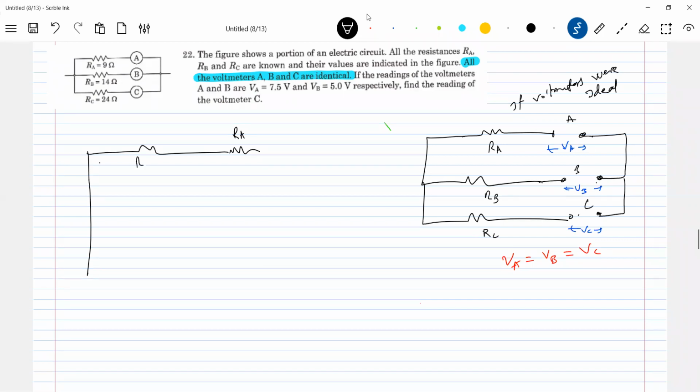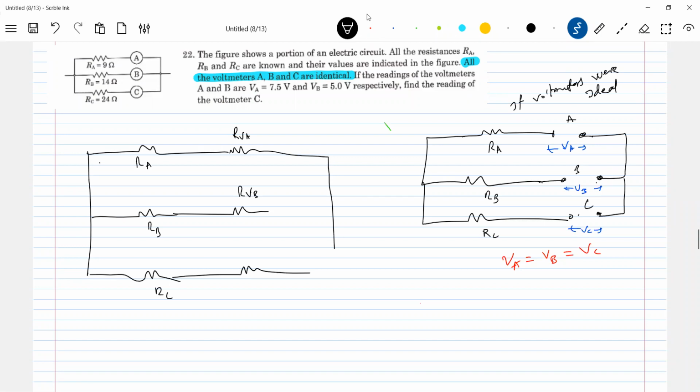Then RVB, and this is RVC. We have the information of this 9 ohm, 14 ohm, and this is 24 ohm.